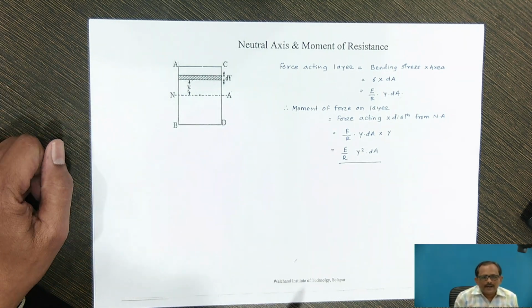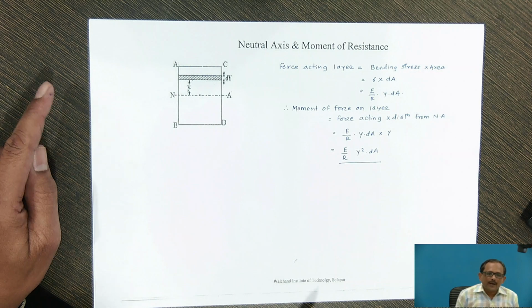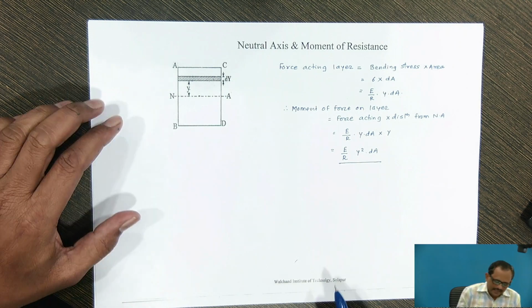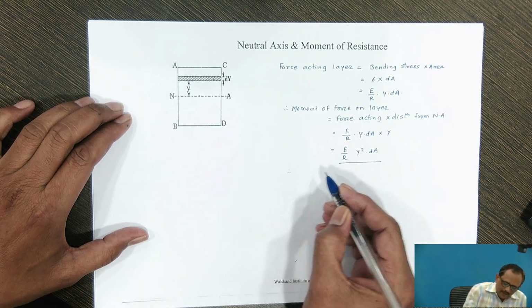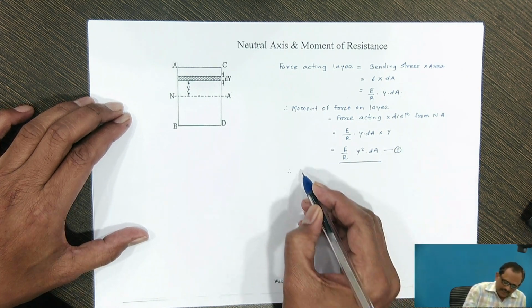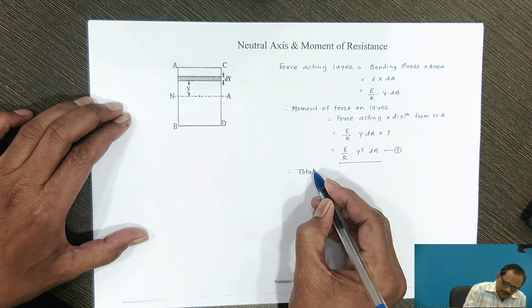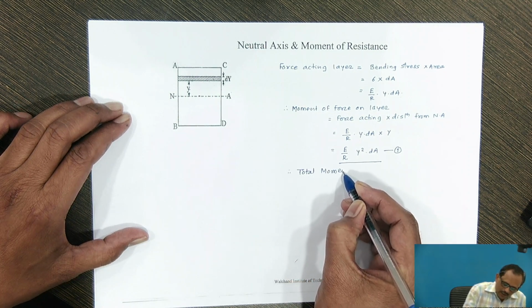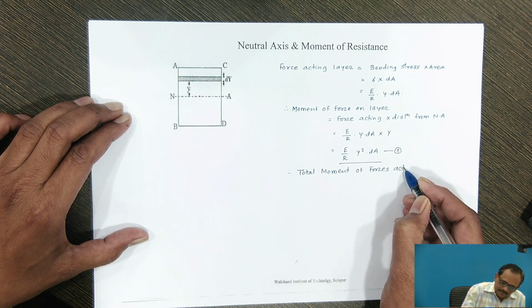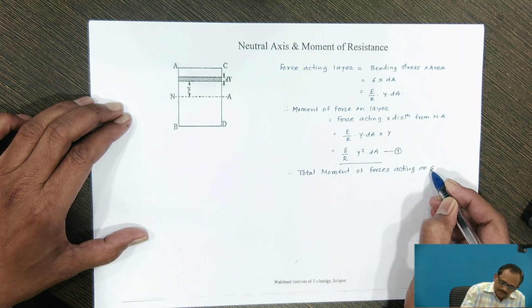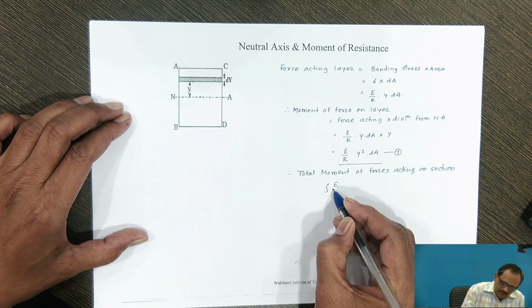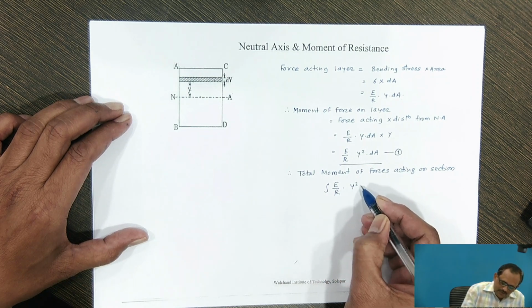Now if I want to find out the total moment of forces acting on the section of the beam, then that can be determined by integrating this equation number 1, and therefore the total moment of forces acting on the section of the beam is the integration of the above equation, E upon R y square dA.